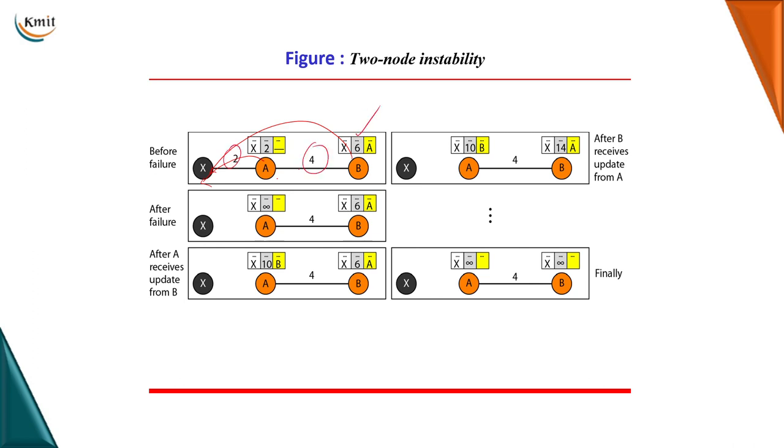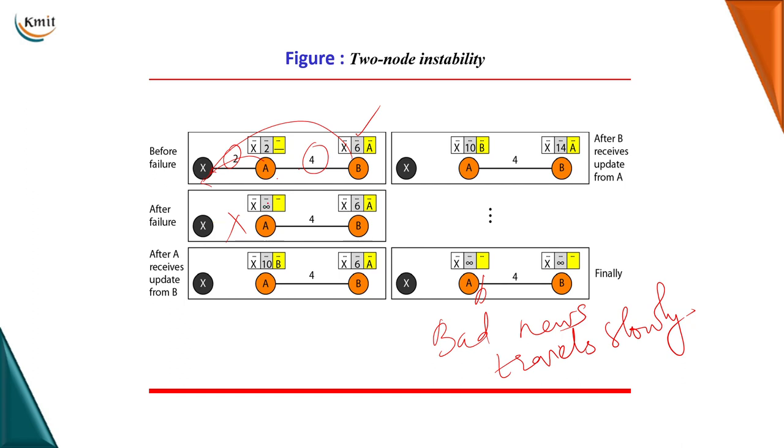After failure, the problem here is that bad news travels slowly, whereas good news travels faster. So here there was bad news that the link has gone down between X and A, and there is no other way of reaching X. A will come to know this because it is the immediate neighbor, that X has gone down.